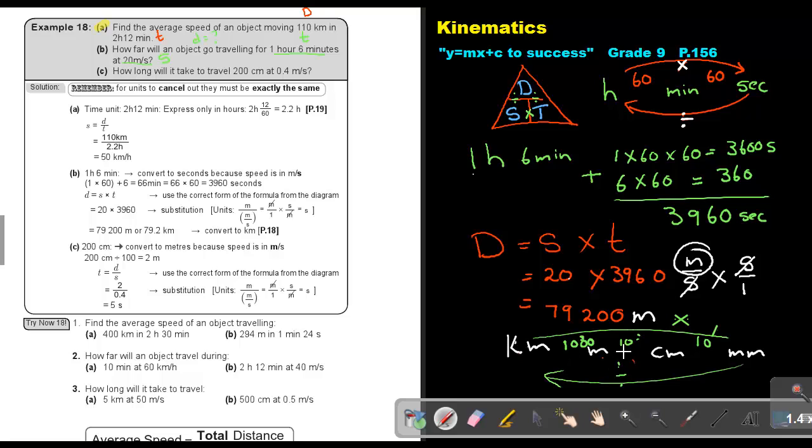Meters to kilometers, I must divide by 1,000. So if I divide by 1,000, that's going to give me an answer of 79.2, and that's going to be in kilometers. Okay, so that's how I came to that answer.